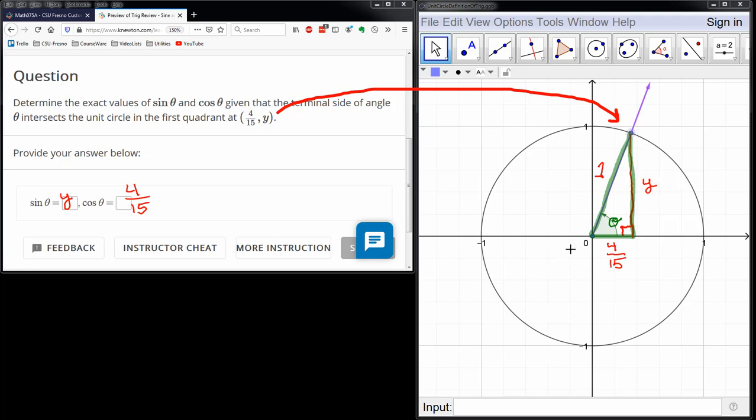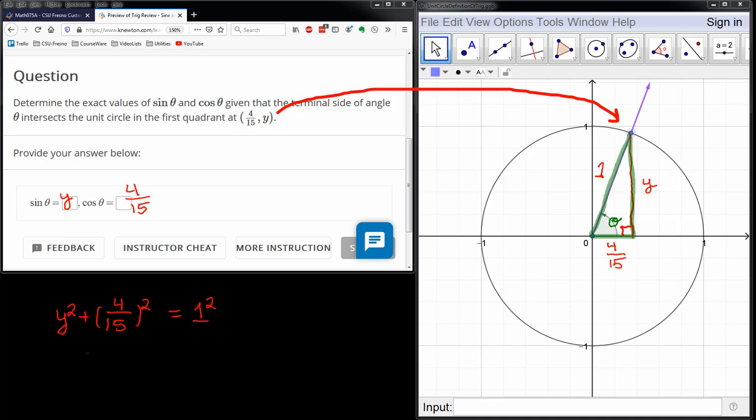Now you can probably see how we can use the Pythagorean theorem to figure out what y is. It tells us that y squared plus 4/15 squared is equal to 1 squared.